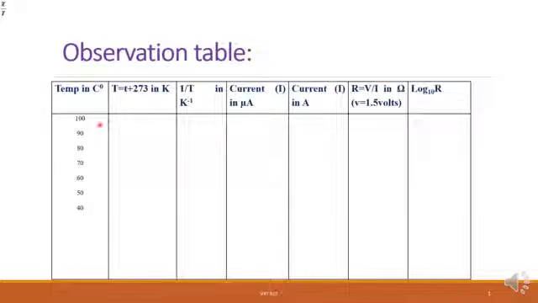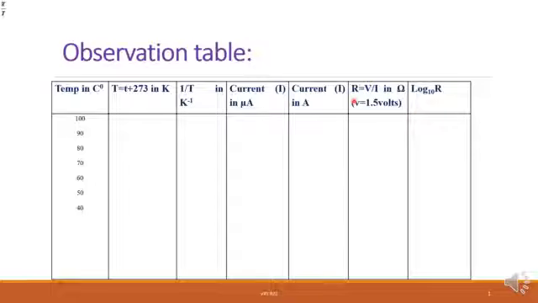To convert temperature in degrees Celsius to Kelvin we add 273, and next we calculate the 1 by T value here. Next, to convert the current in microamperes to amperes, we note down here. After that we calculate R, which is the resistance.